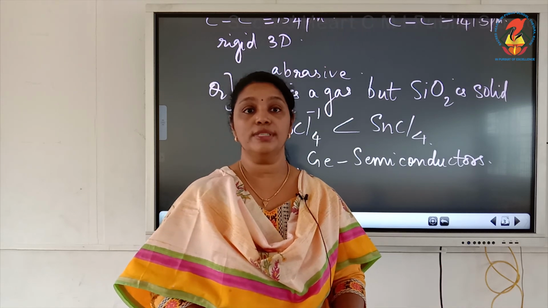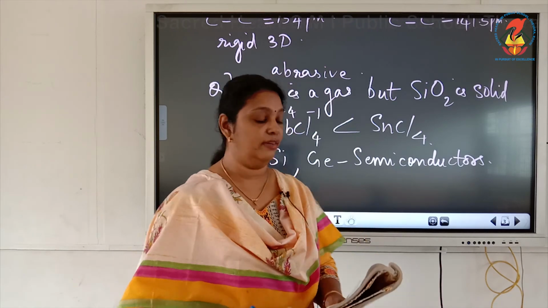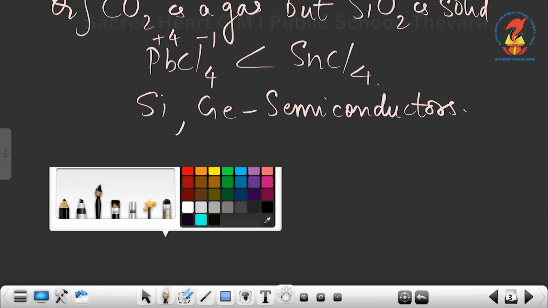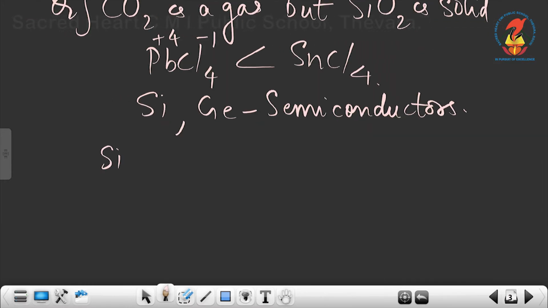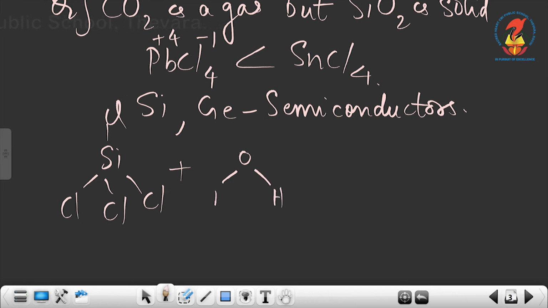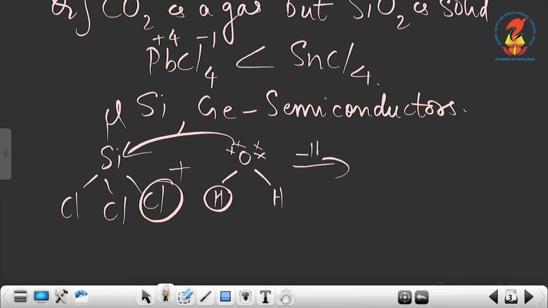Now, when silicon tetrachloride undergoes hydrolysis, we can write the reaction as SiCl4 plus H2O. We have two lone pairs on oxygen, and HCl is removed and the lone pair on oxygen will be taken by silicon. We get minus HCl, HCl is removed and we get silicon, chlorine, chlorine, chlorine, OH.